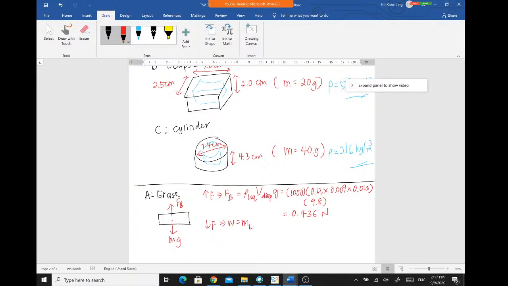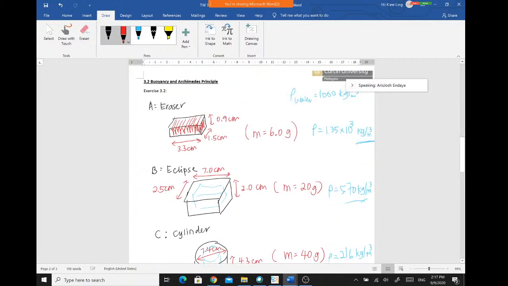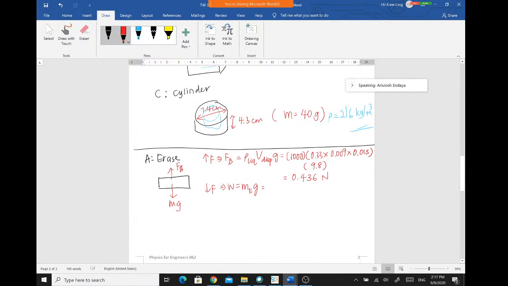Now the downward force, which equals weight mg, mass of eraser. Excuse me, ma'am. Isn't it supposed to be 0.033? 0.033, wait. Yes, correct. Thank you for mentioning. 0.033. So it will be 0.0436. So mass of eraser, convert to SI unit, times 9.8.